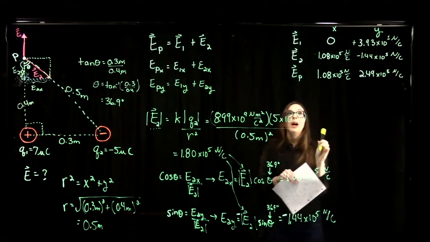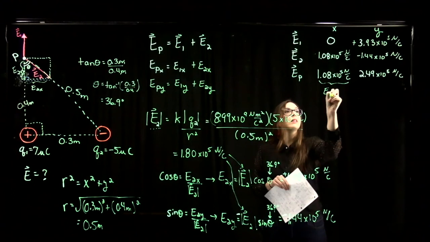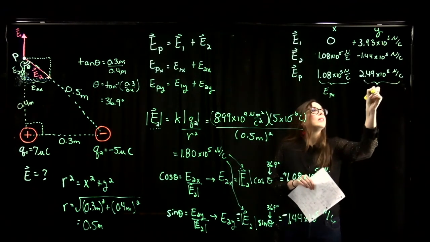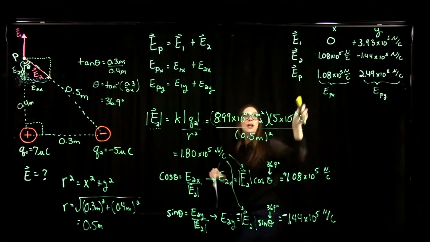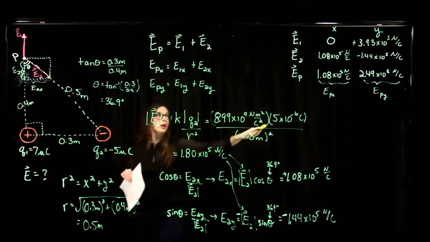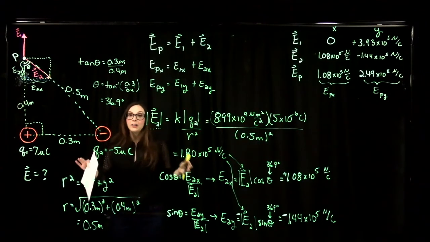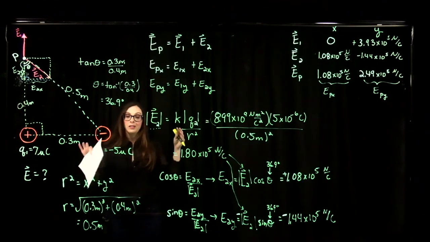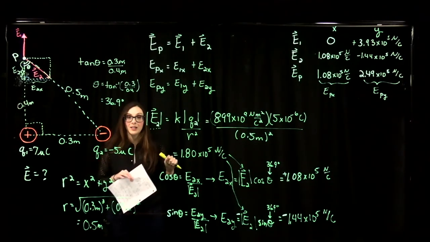Okay, so we're not quite done yet. So this is EPX. This is EPY. And we still have to work with those two quantities in order to get the magnitude of EP and the direction of EP with respect to the positive x-axis.